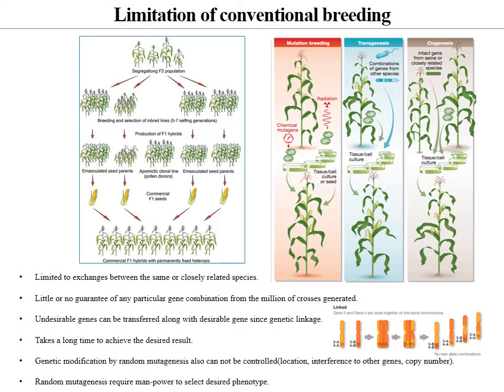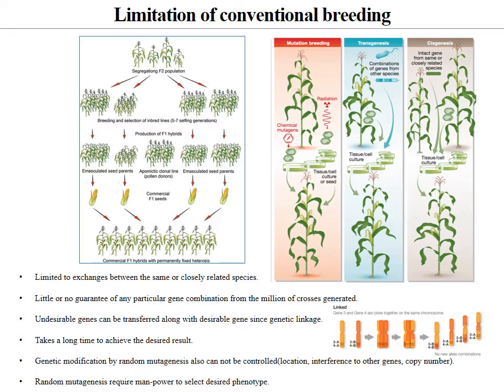If some gene is placed physically near another gene, it is difficult to get the plant which includes our desired target gene only. And it takes a long time to achieve the desired result.